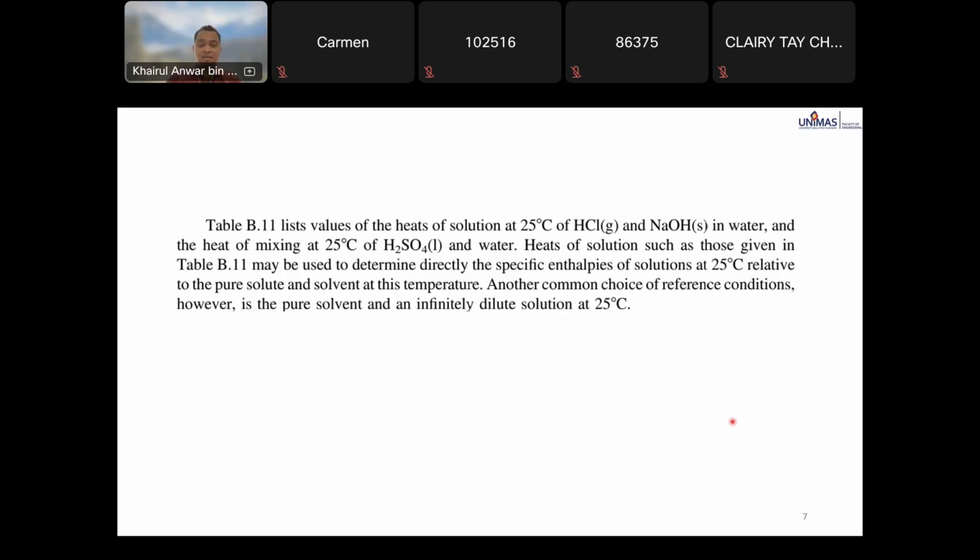Table B11 gives values of heat of mixing of H2SO4 in water. An assertion such as those given in the table may be used to determine directly the specific enthalpy of solution at 25 degrees C relative to the pure solute and solvent at this temperature.